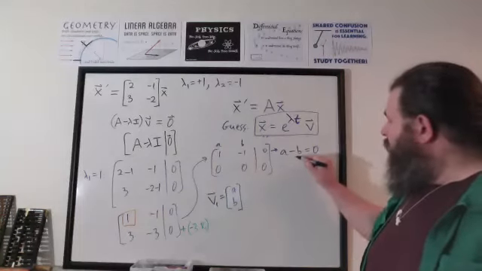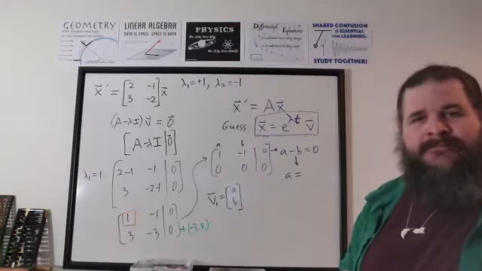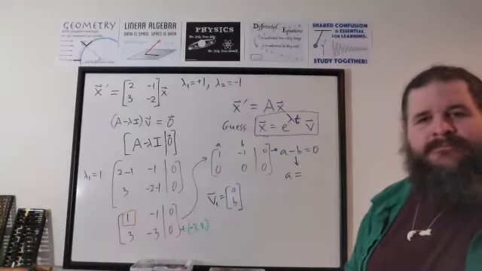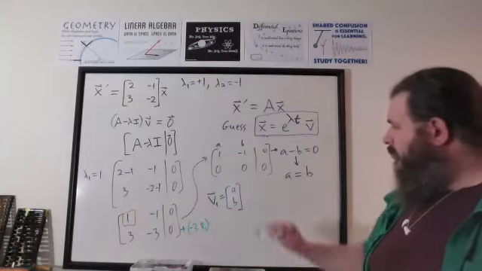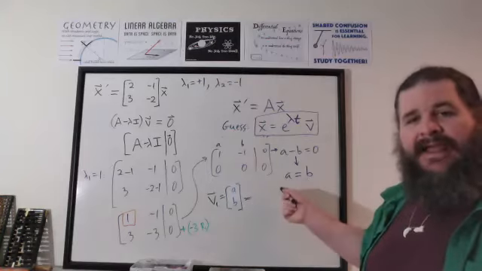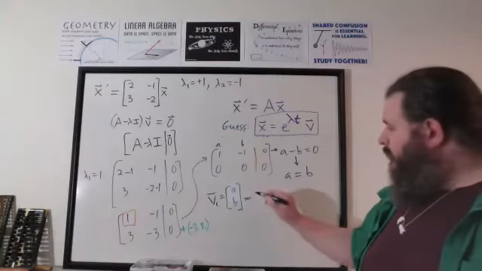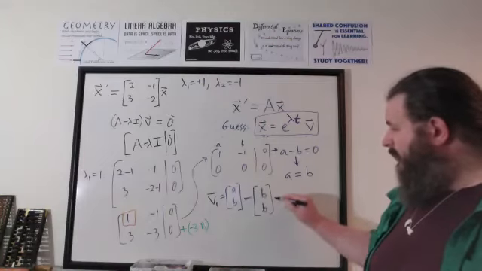But if A minus B equals 0, what does that tell you about A? Yeah, A equals B, which means we can treat B as a free variable and A as equal to B. We can replace A with B and leave B as it is and say B could be anything.